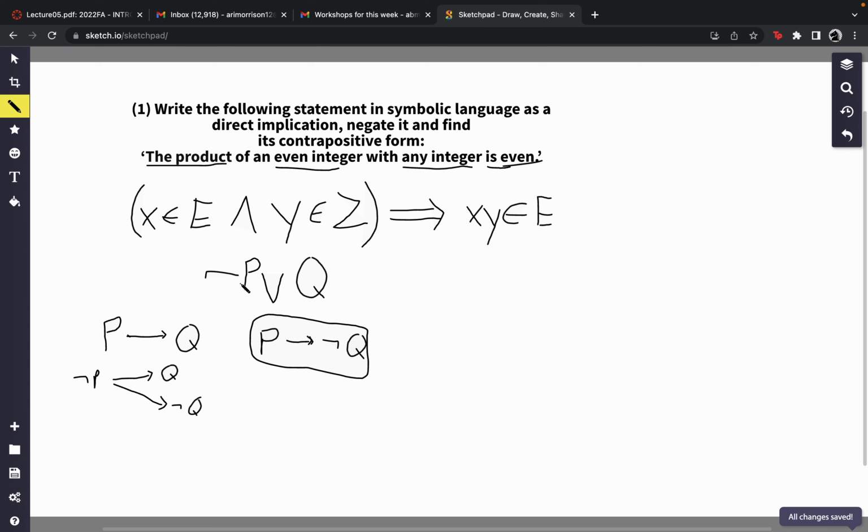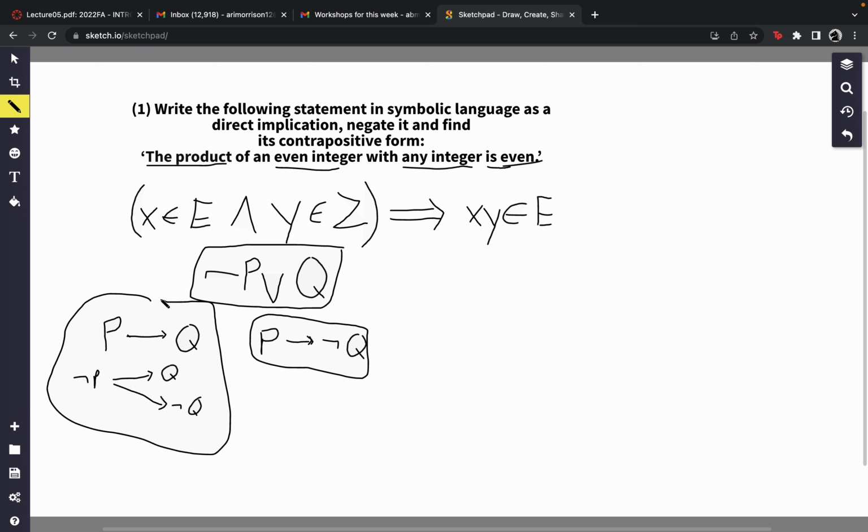When we have not P, it doesn't matter what Q is. And here we have the case where we have Q. So this over here encompasses all of these cases where implications are true.